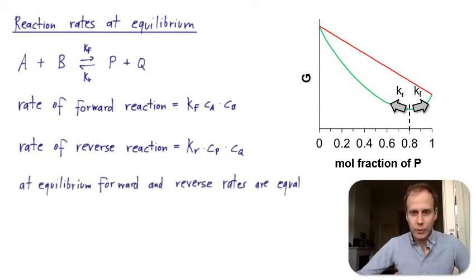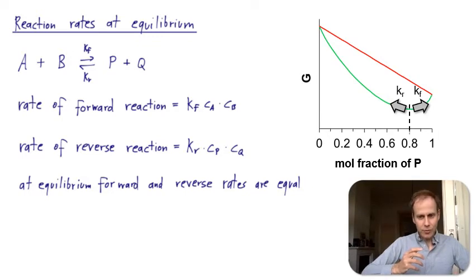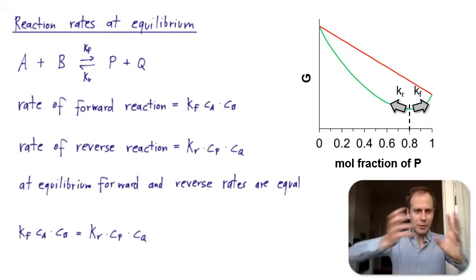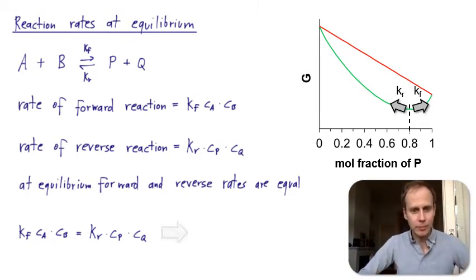So what I said before was that at equilibrium, the forward rate and the reverse rate are equal. There's as much product generated as there is reactant generated back. And so for these two rate laws, you can just equate them because these two rates must be identical, since that's our equilibrium. That's called dynamic equilibrium, where the forward reaction and the reverse reaction rates are the same.